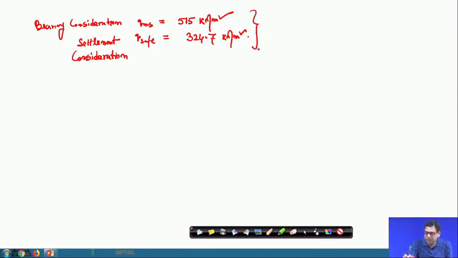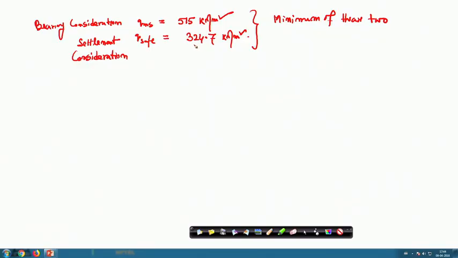So, minimum of these two, because this is the maximum stress the foundation, or soil, can take in terms of bearing capacity, and this is the maximum stress the foundation can take in terms of settlement consideration.